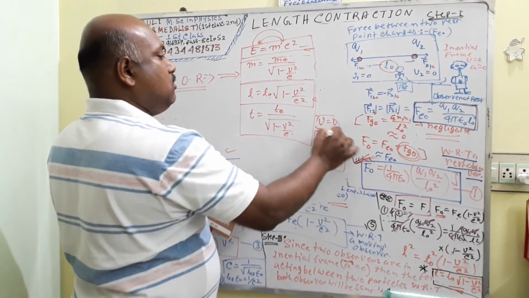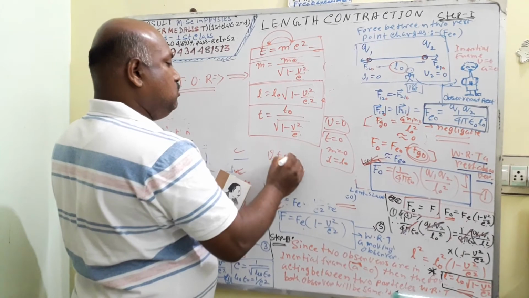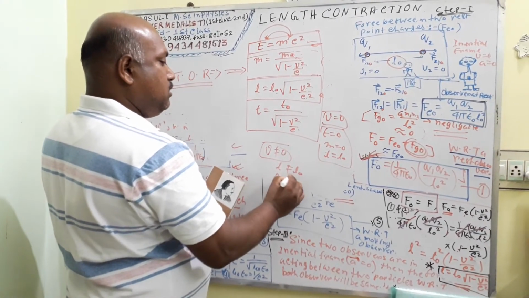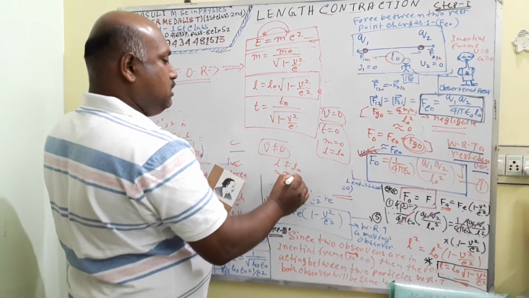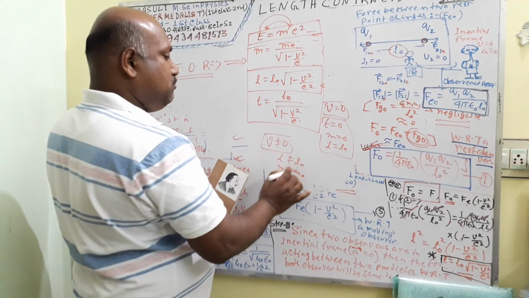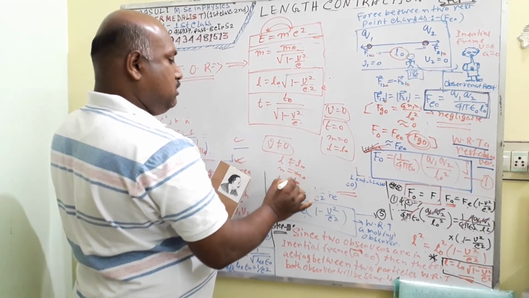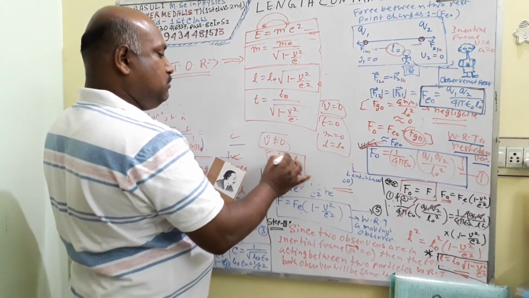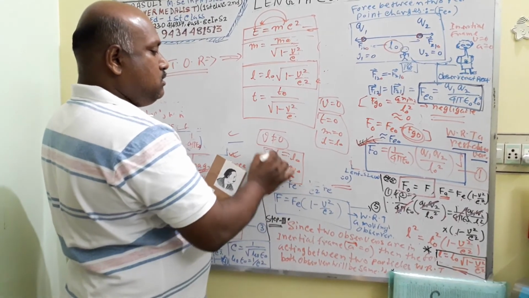There is no change at all. But when v is not equal to 0, then L is not equal to L0, m is not equal to m0, and T is not equal to T0. So length, mass, and time are different with respect to different observers. This is the concept of the special theory of relativity.